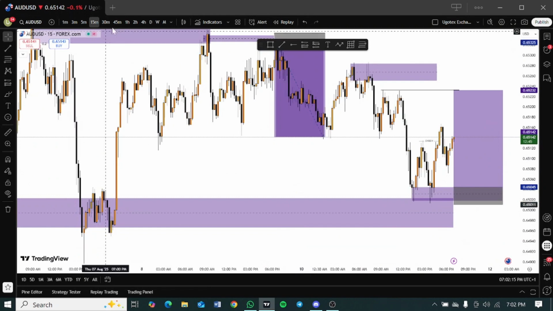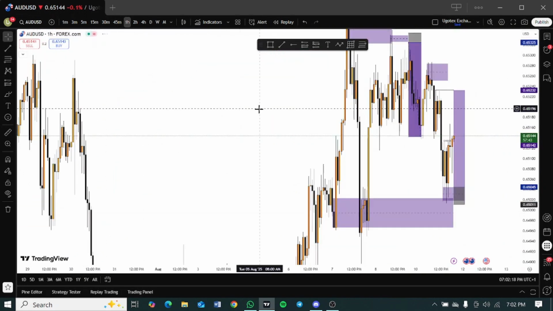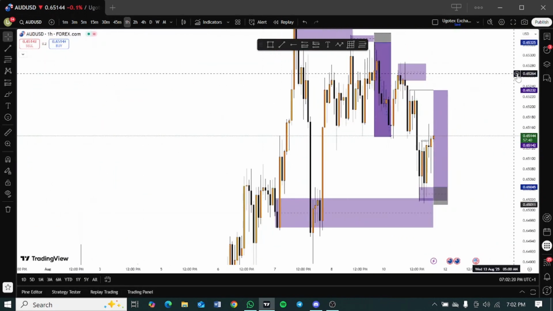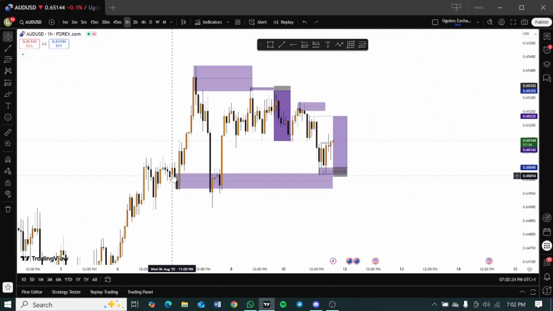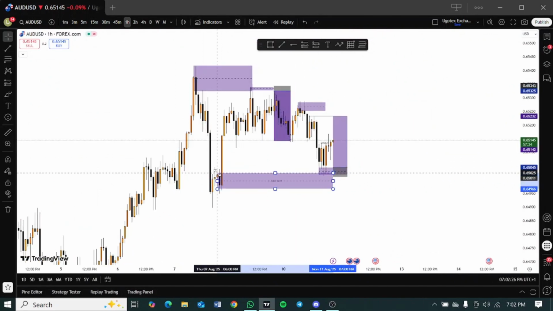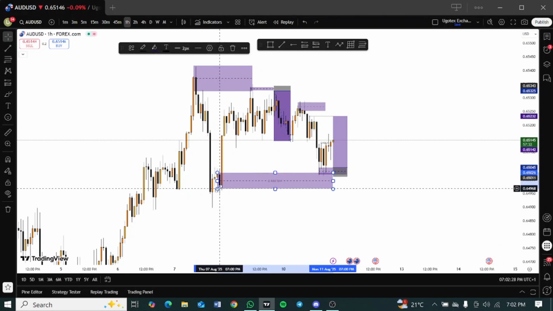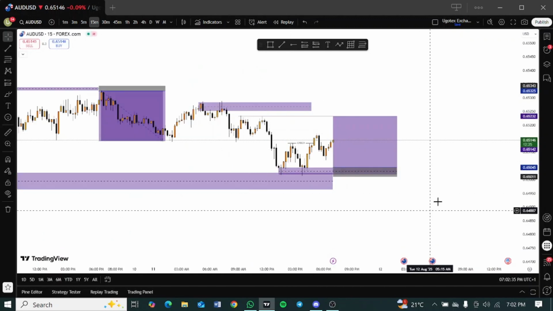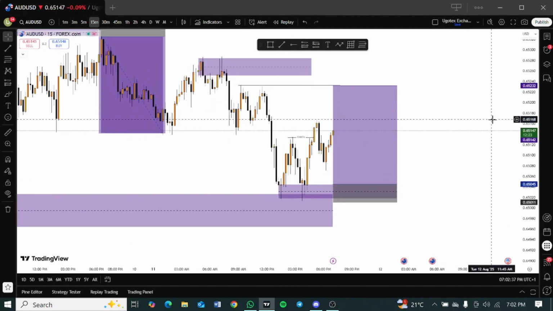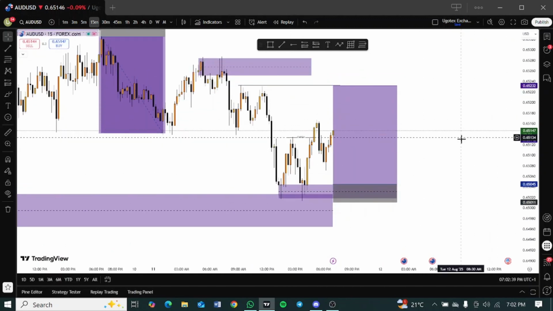So if I look at the higher time frame, this is 1 hour. I noticed that price is reacting from this order block right here. So what I did is that I went to the lower time frame, which is the 15 minutes time frame, to look for a shift or a confirmation entry to catch the buy, which is what I can see here.